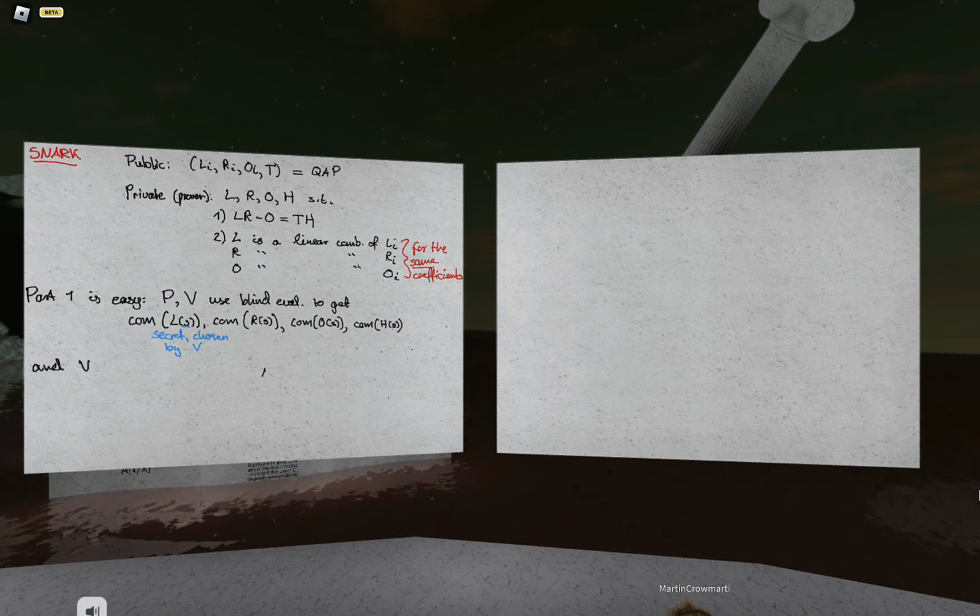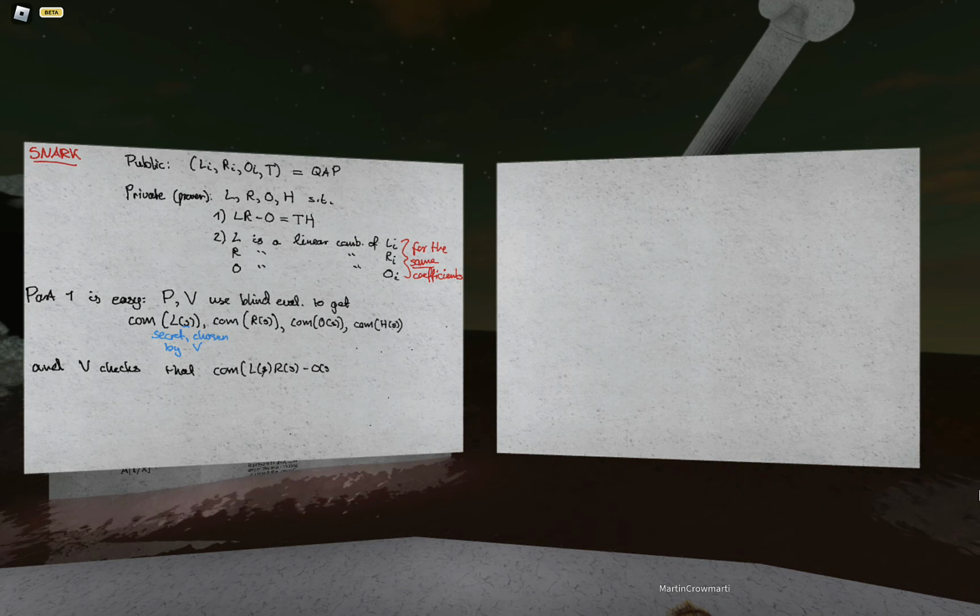And the verifier is just going to check that the equation is satisfied, using the homomorphic property to do this inside the commitments.